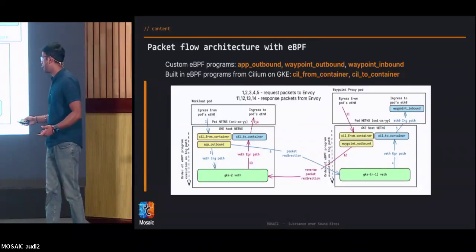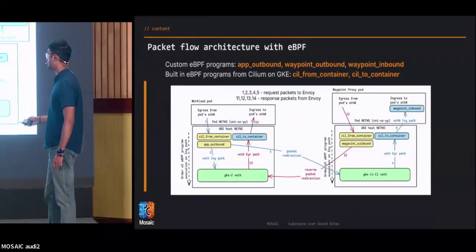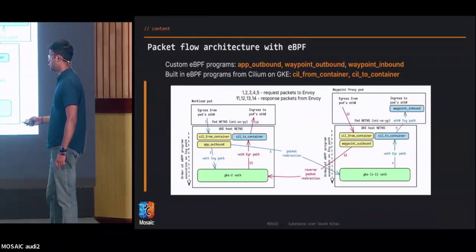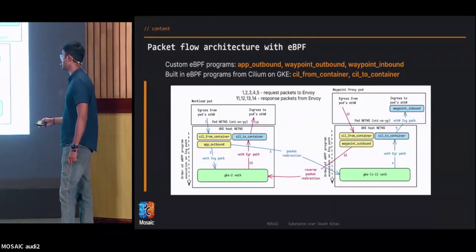And if it needs to be sent to Envoy, again we do the heavy lifting instead of Cilium, because we need to identify the MAC address of this particular network interface and then send the packet there.